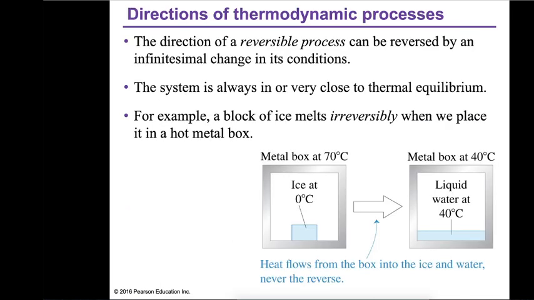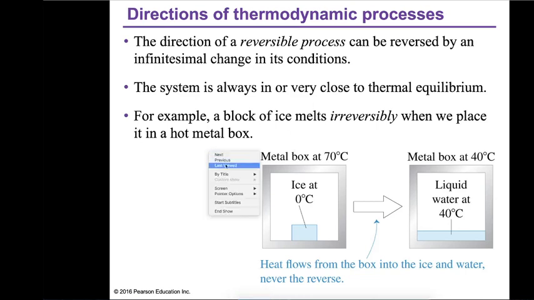Now let's start. First of all, the directions of thermodynamic processes. The direction of a reversible process can be reversed by an infinitely small change in its conditions. Now let's see some irreversible processes here. Here we show a system which is a metal box and a piece of ice.